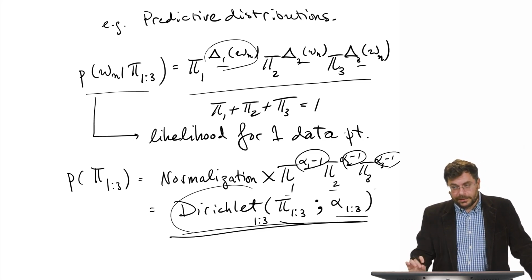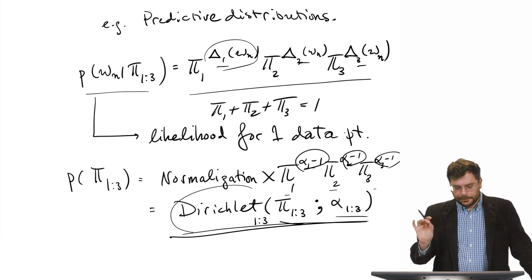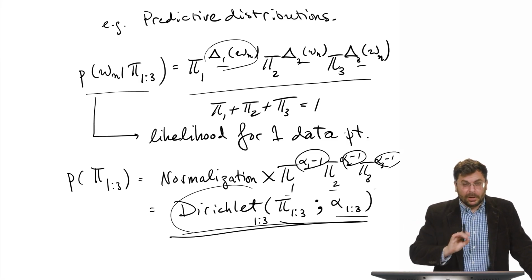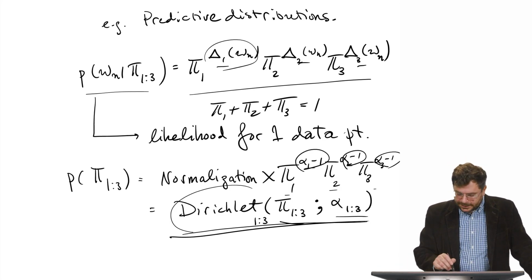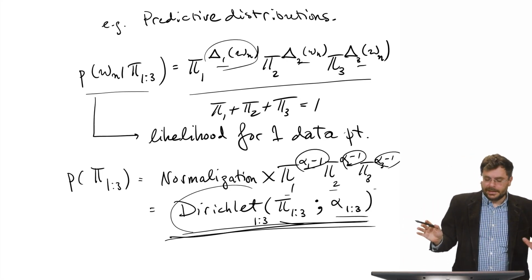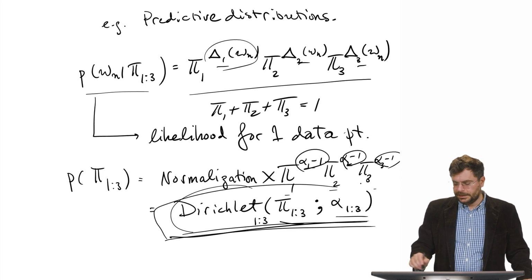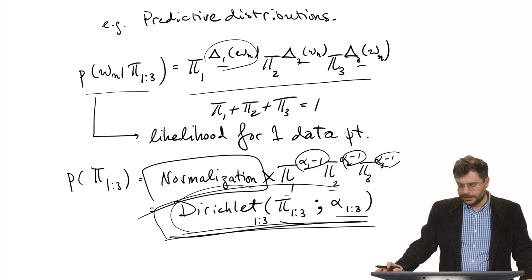In fact, for the previous example with two options, a coin flip, we noticed something very special: by choosing a beta prior and multiplying it by the Bernoulli likelihood, we obtained a posterior which was also beta. In this slightly more general case, our posterior will in fact be Dirichlet. But let's go ahead and write down how we would find this normalization.